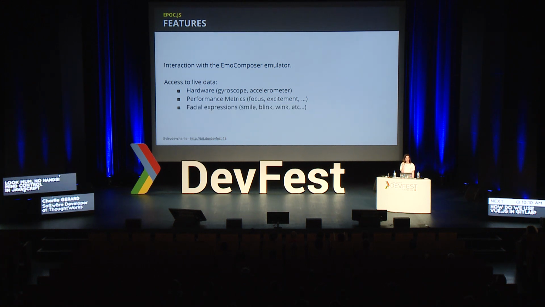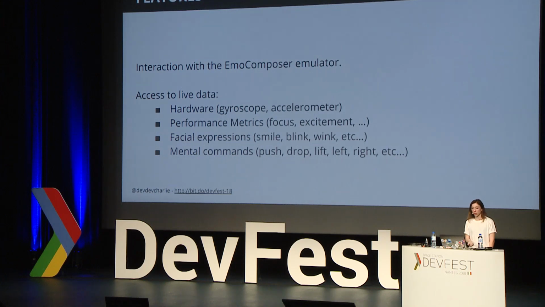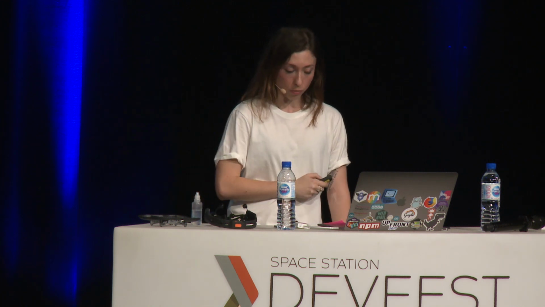You have access to facial expressions, so there's a pretty fine list of it, but you can track if you're smiling, blinking, winking, or looking right, looking left, etc. And you also have access to some mental commands. Again, there is a pretty fine list of maybe 10 commands that you can train, and some of them are pushing, pulling, the direction right, the direction left, and all of these are now available in JavaScript.